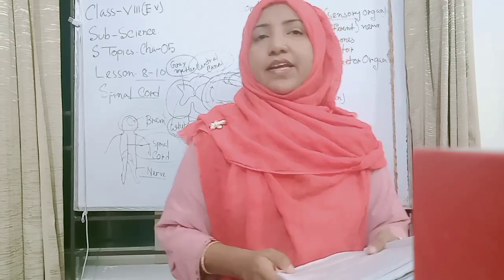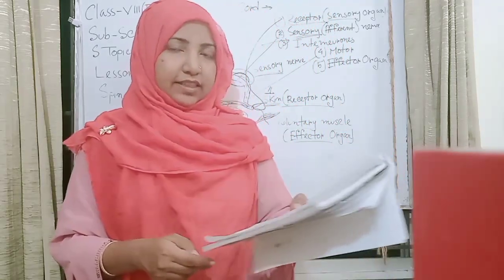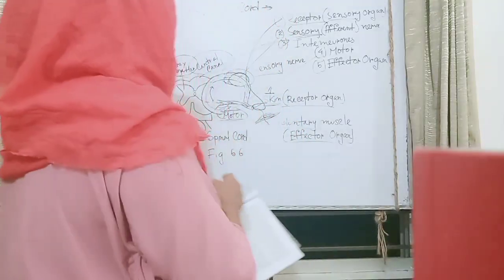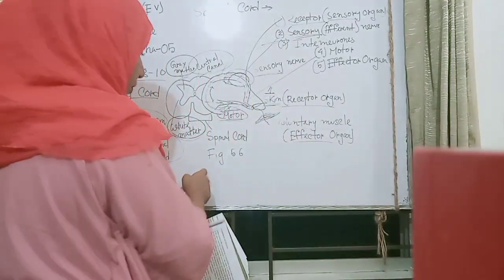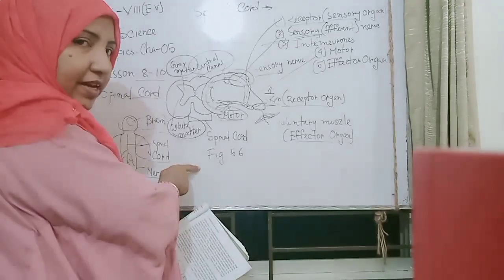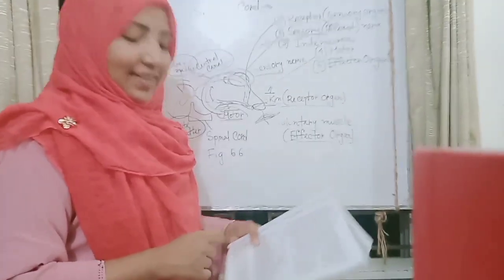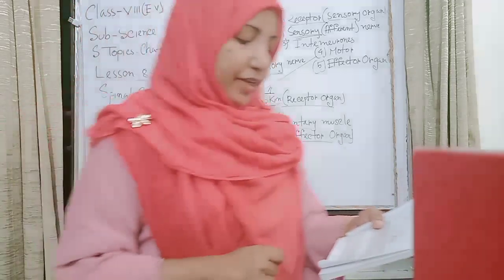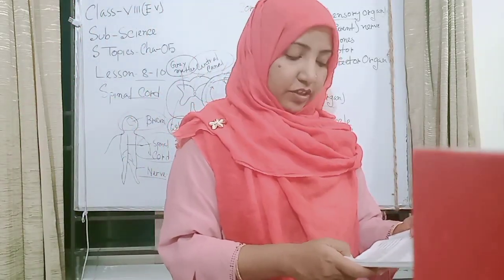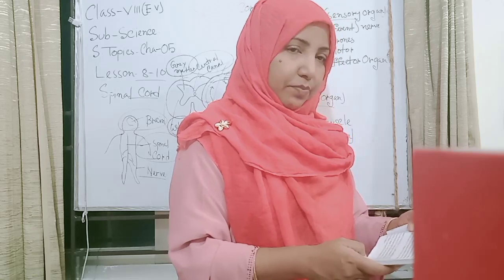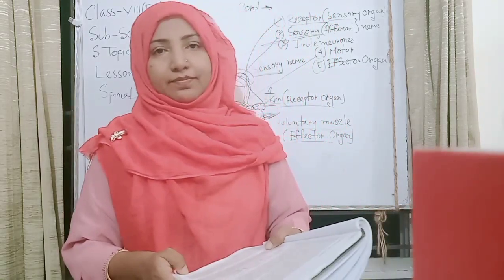It is very important to remember that Figure 5.6 is a reflex action of the human body. Very important figure. Please everyone try to draw this figure. It is a greatly simplified picture of a reflex action.